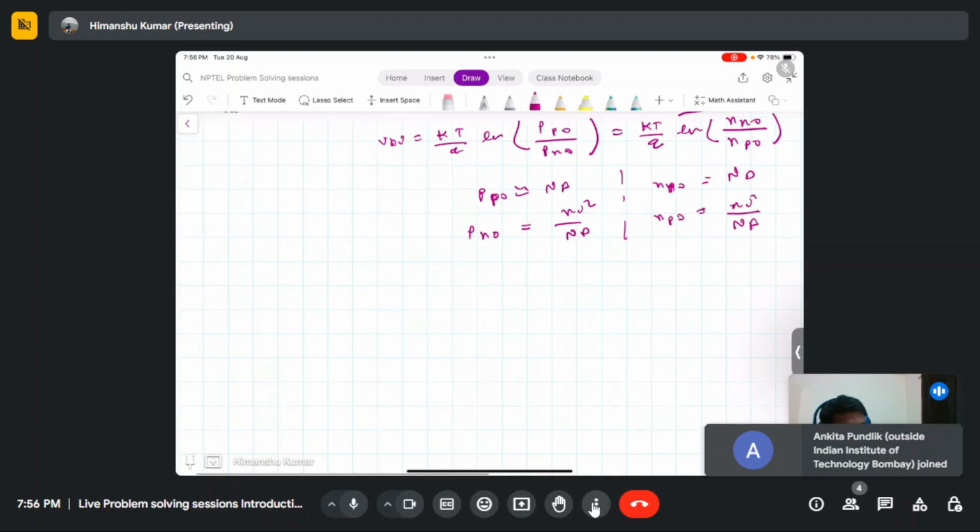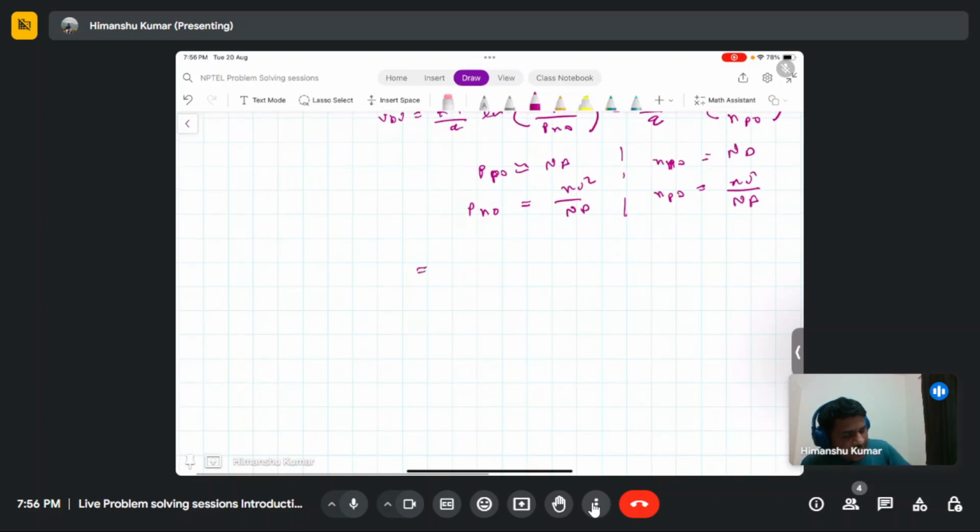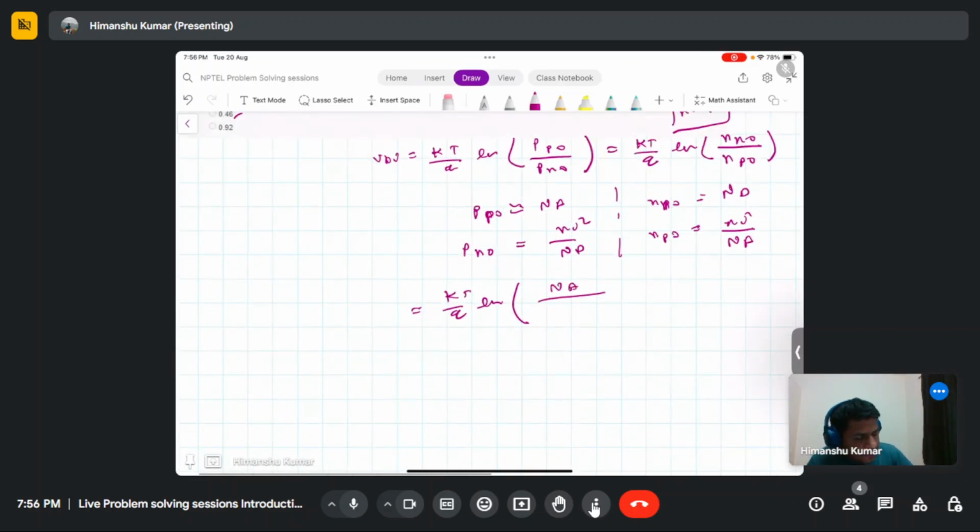If you put this in, you get Kt by Q ln of Na by (Ni square by Nd), equals Kt by Q ln of Nd by (Ni square by Na).